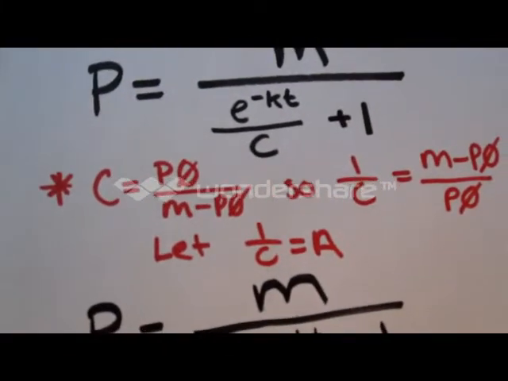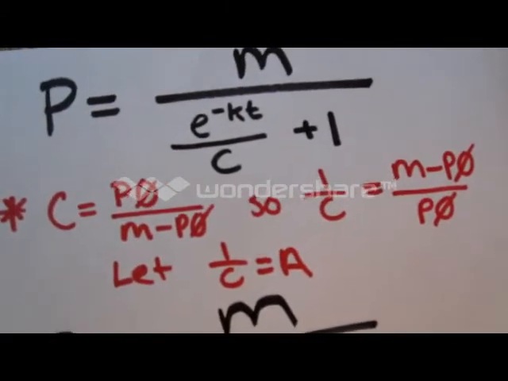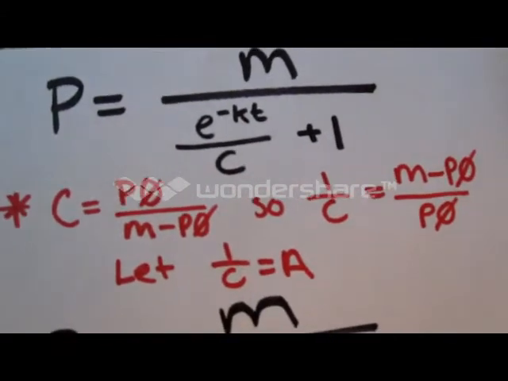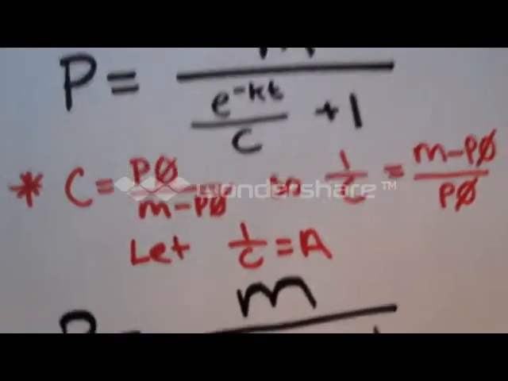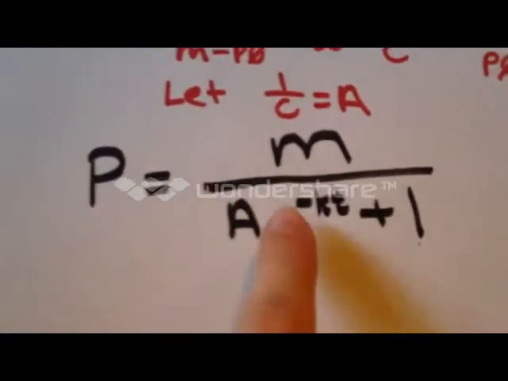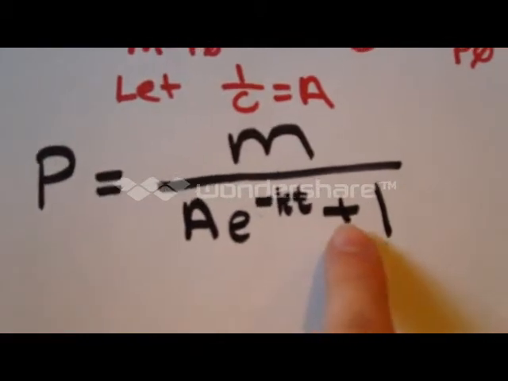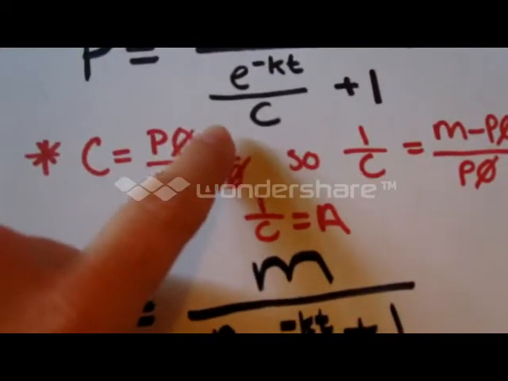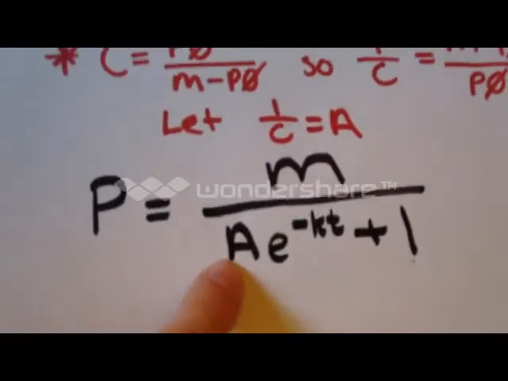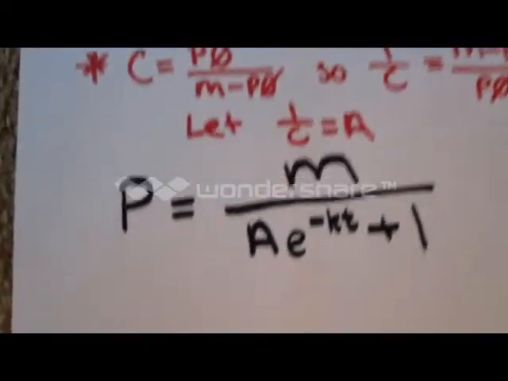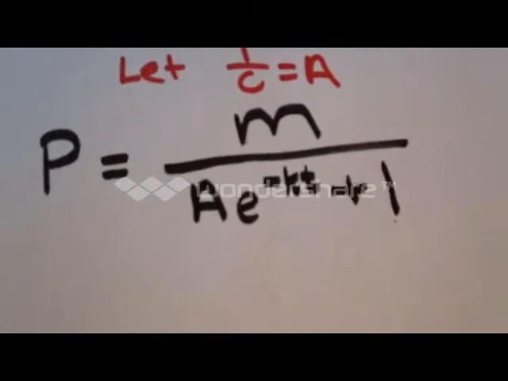Okay, we can let 1 over c equal A to make it just flow better, and that's what they just want. They just want an equation that you can work with. So P equals M over (A e^(-kt) plus 1). So you had substituted 1 over c with A, which is right here, and you kept everything else the same. So now you have your logistic equation, which you can use later in part D.